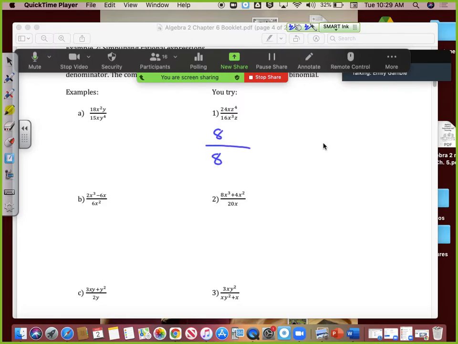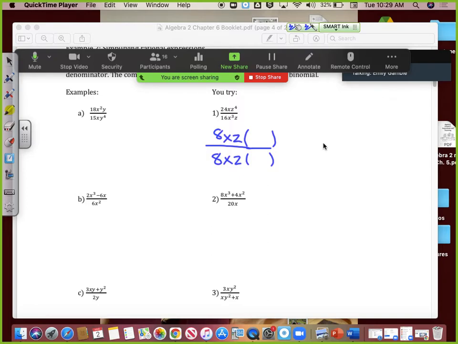I'm going to take an 8 from the top and bottom. Looking at the x's, I can take one x out of x and x to the 3rd. And then looking at the z's, I can take one z out of z to the 4th and z to the 1st. When I do that, you then have to, in parentheses, put everything else that still would need to be there to make it still equal to the original.